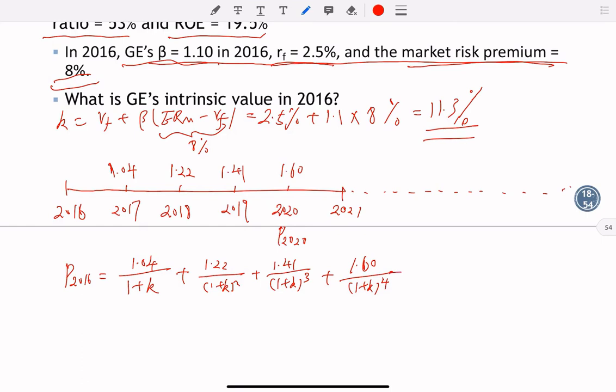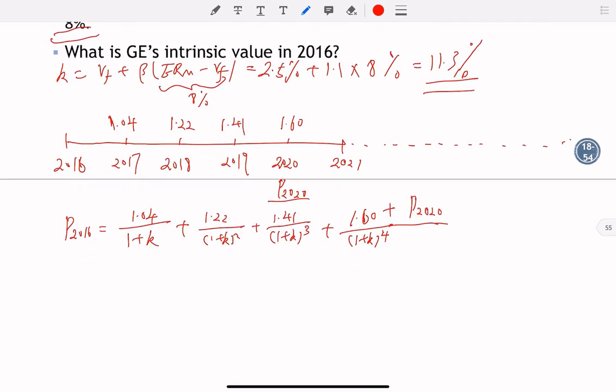And we're missing one thing, P2020. So we're discounting 4 dividends plus the end-of-period value, P2020. By discounting these 5 numbers, we could find the intrinsic value in 2016.